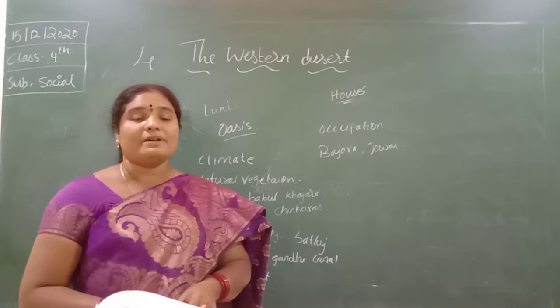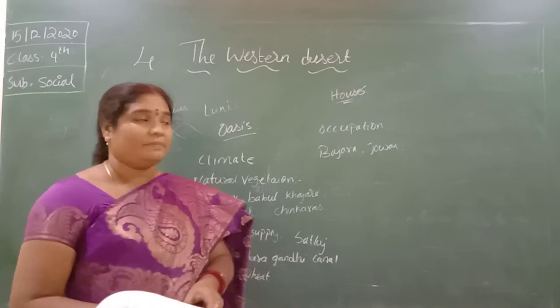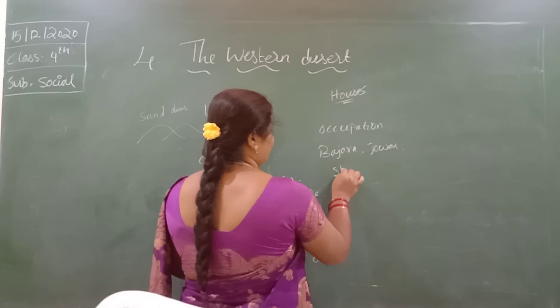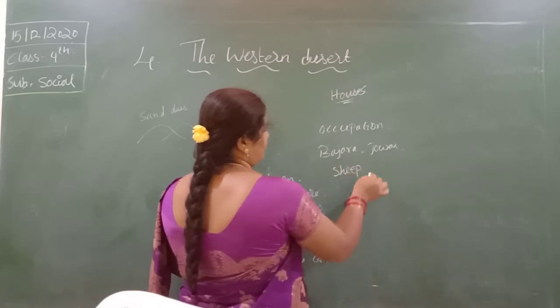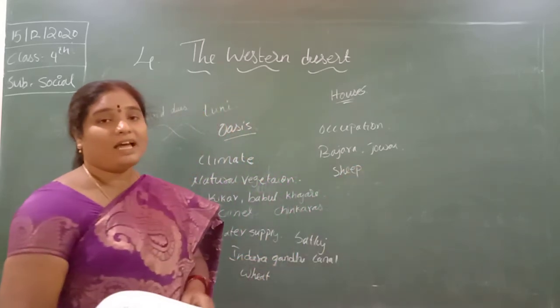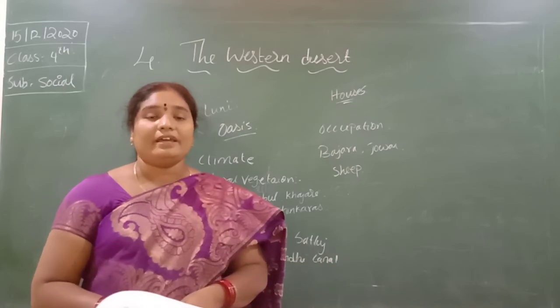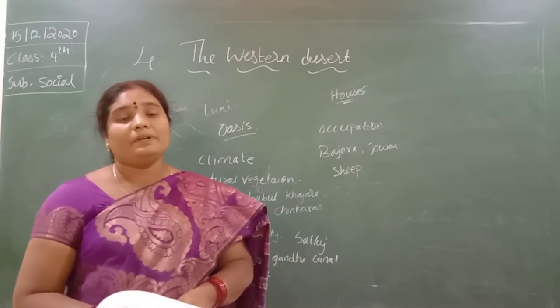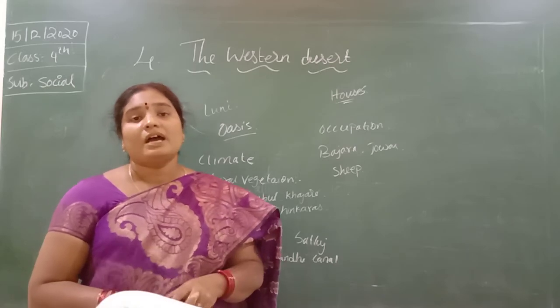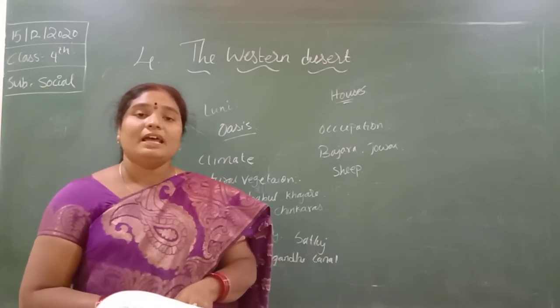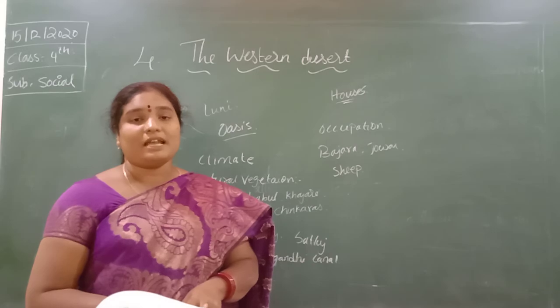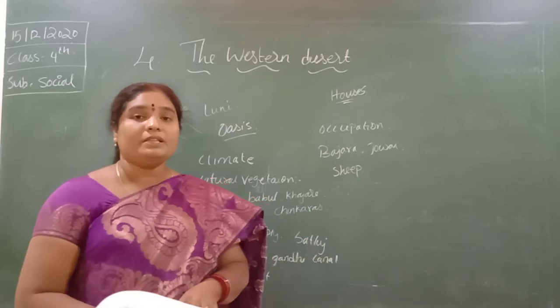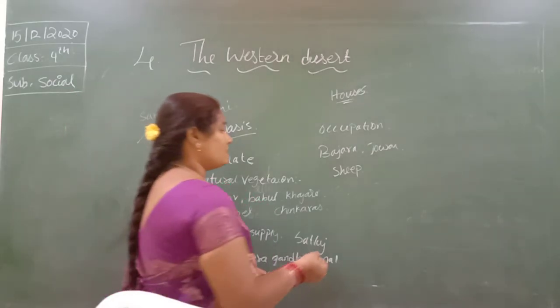They rear animals like sheep. Some of the people move from one place to another to get food for the animals and themselves. This type of people are known as the Banjaras.